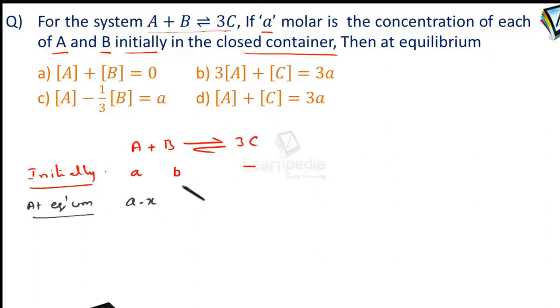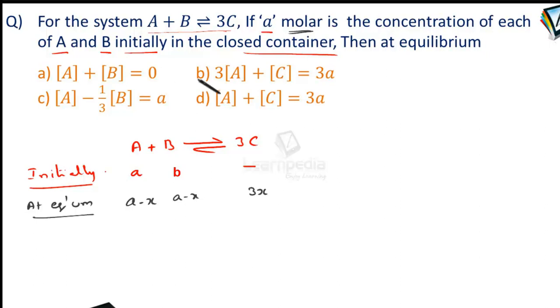So left over is a minus X. 1 mole reacts with 1 mole, so a minus X. 1 mole reacts with 1 mole to give 3 moles, so 3X. These are the equilibrium concentrations.